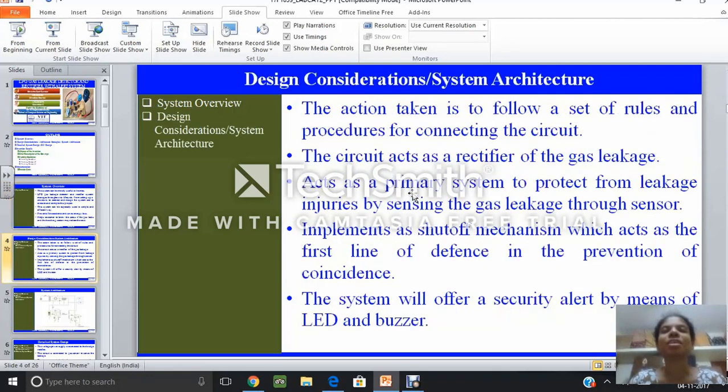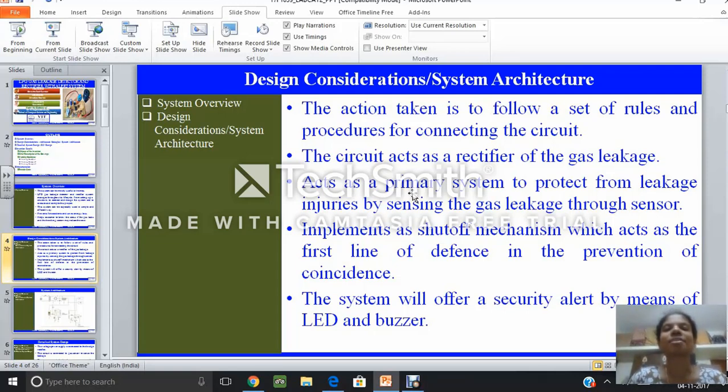These are the design considerations of the system architecture. The action taken is to follow a set of rules and procedures for connecting the circuit. There are a set of rules and steps to follow to connect the LPG gas leakage detector with the computer.